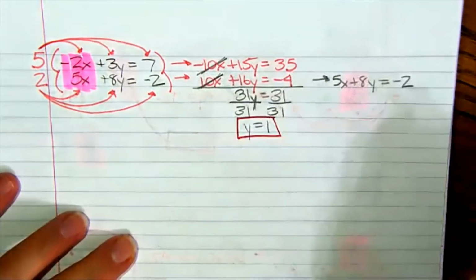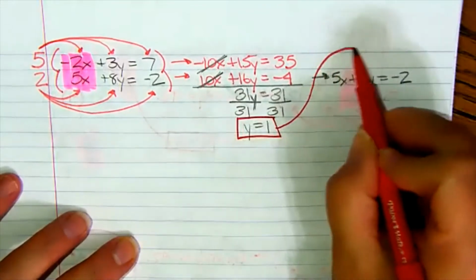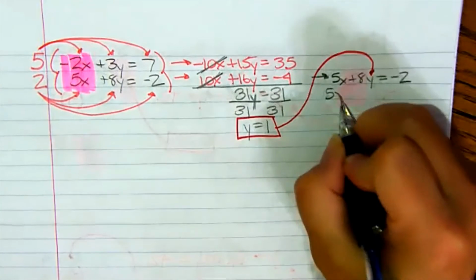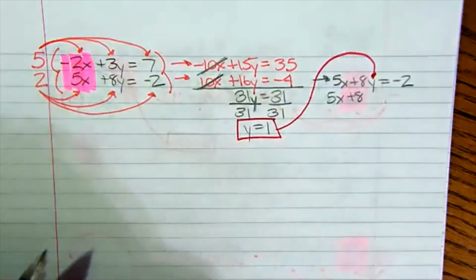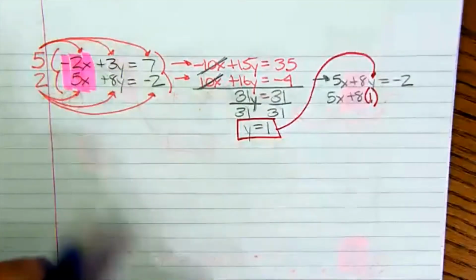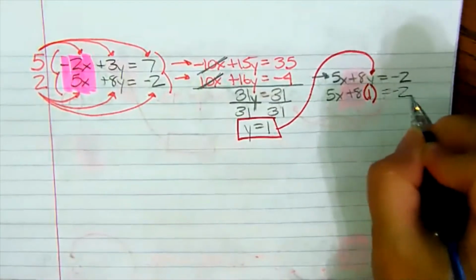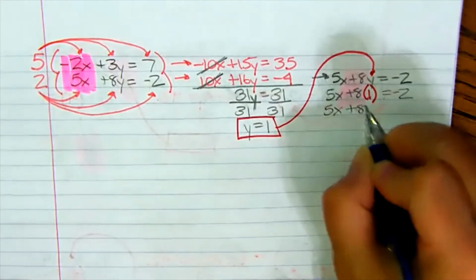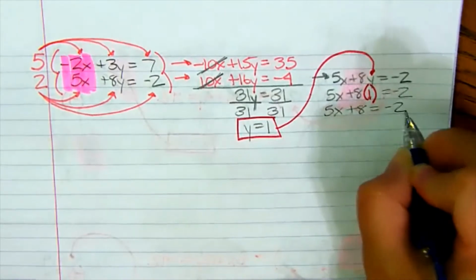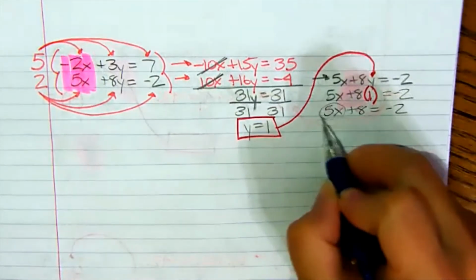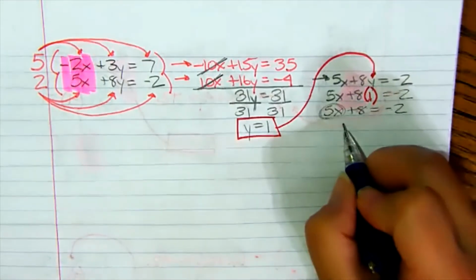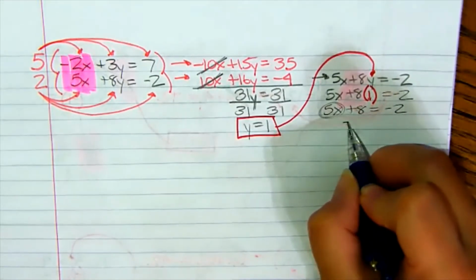Now I'm going to substitute 1 for y. 5x plus 8 times 1 equals negative 2. 5x, 8 times 1 is 8, equals negative 2. We want to isolate this variable, so I'm going to subtract 8.